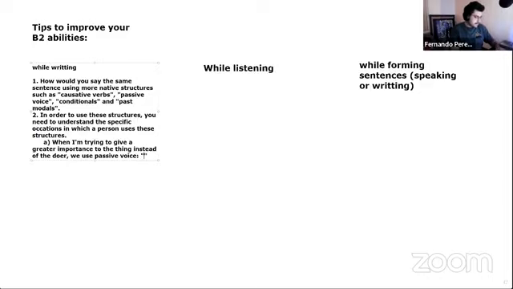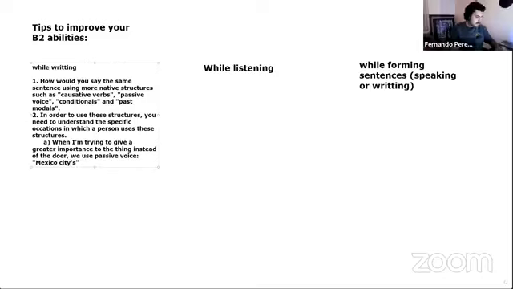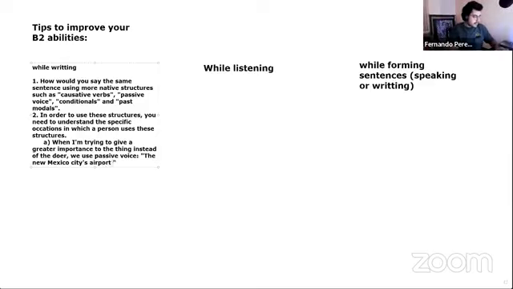As an example, Mexico City's airport. No, I think it's the new Mexico City airport. Okay, the new. In this case, it's the new because it's something specific. The airport was built to receive international flights.